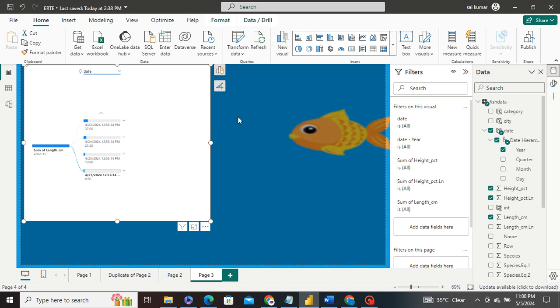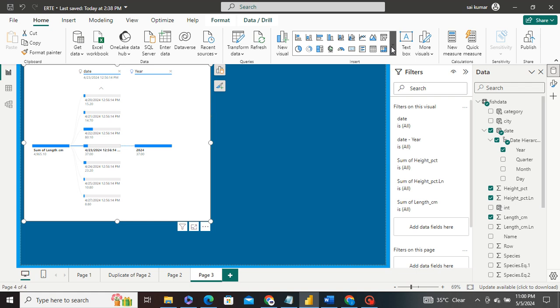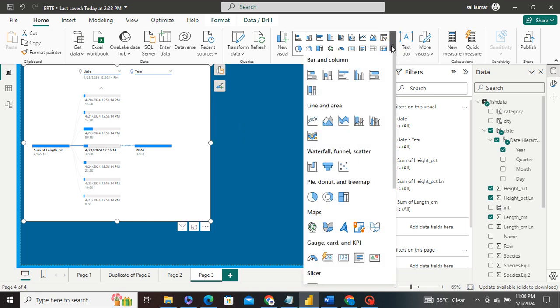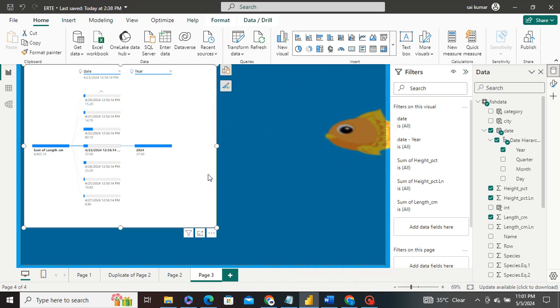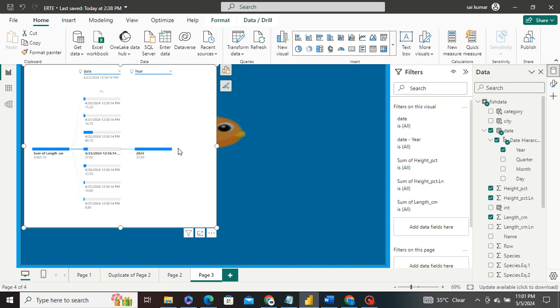Users can navigate through the tree structure interactively, drilling down into specific categories or aggregating data at different levels of granularity to understand the underlying patterns and trends.